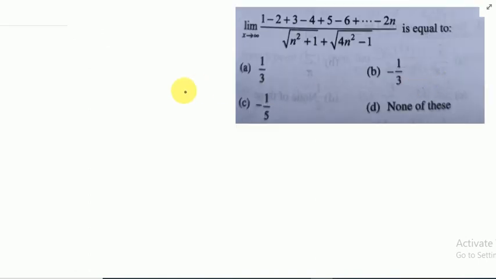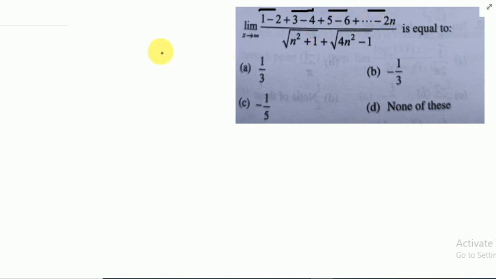So, this is an interesting problem. Limit as n tends to infinity of (1 minus 2 plus 3 minus 4 plus 5 minus 6, and so on up to minus 2n) divided by (square root of n square plus 1 plus the square root of 4n square minus 1). If you simplify the numerator, combine the first 2 terms, next 2 terms, next 2 terms.